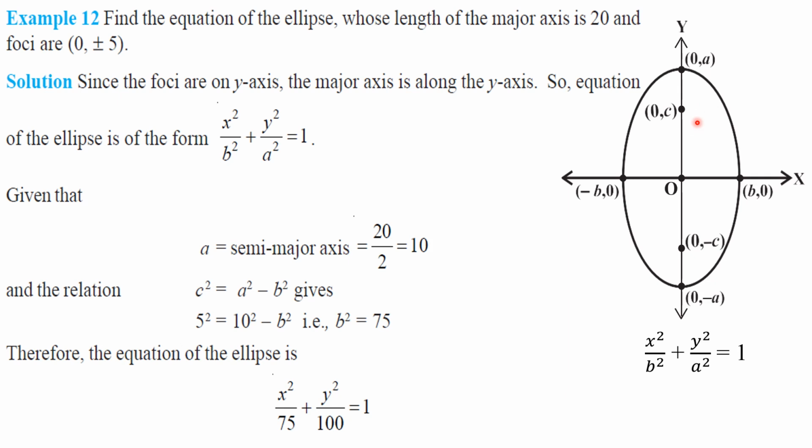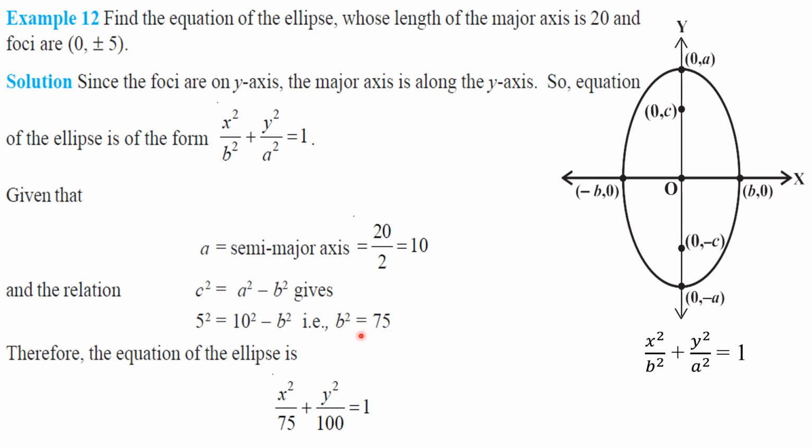Here (0, 5) and (0, minus 5). So the value of C is 5. So 5 square is equal to, what is the value of A here? 10 square minus B square. Understood this step, my children? So from this equation, we are going to find the value of B square. Then we get B square is equal to 75. Understood this step, my children?